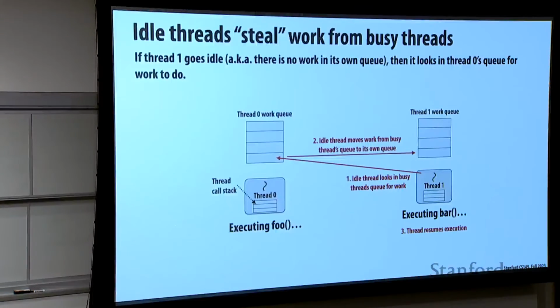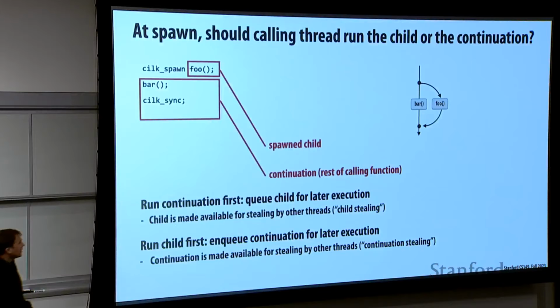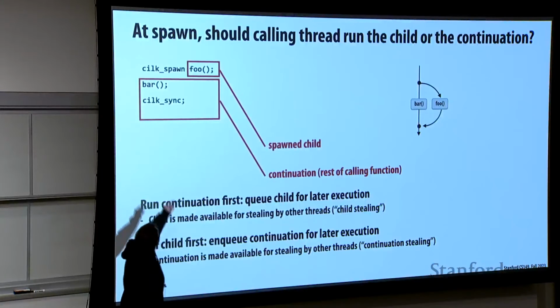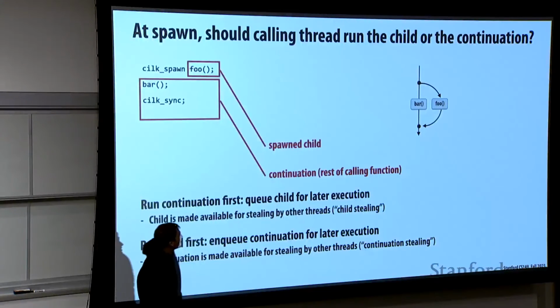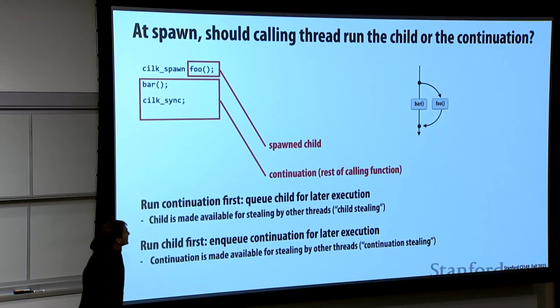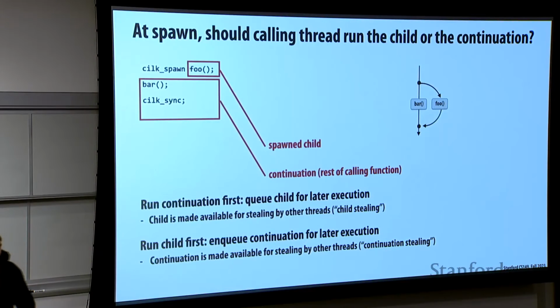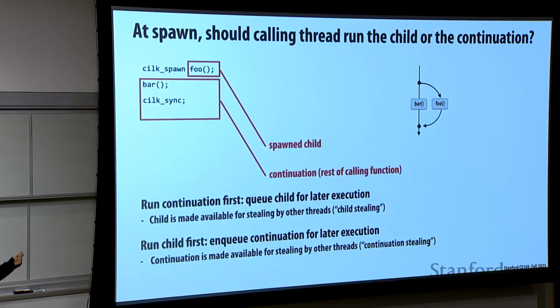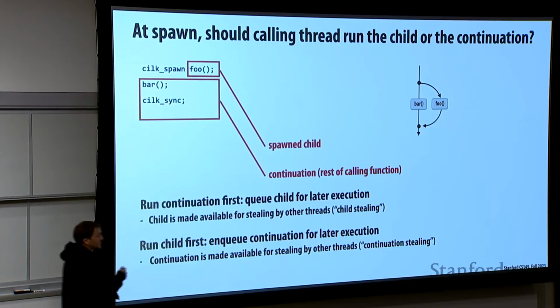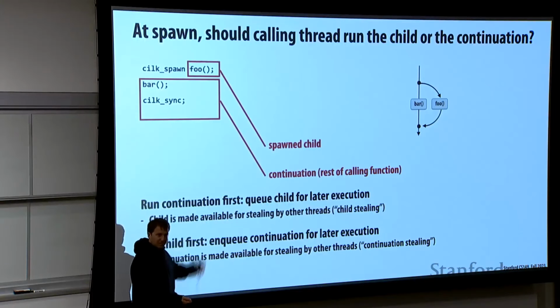Okay, so we have some options. When I look at this foo and bar, the thread that actually runs this code could either start running bar and put foo on the stack for stealing, or it can start running foo and put bar on the stack.